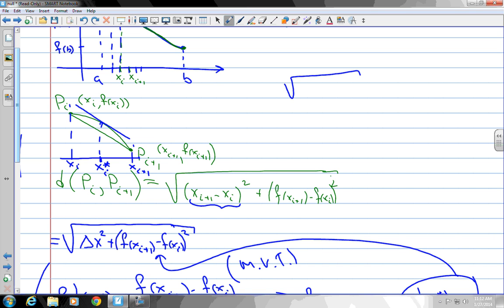It's a change in y. So that's what you were saying earlier, right? Change in y squared plus that, right? Well, you can do something like this. And then you pull it out, and this is more efficient.